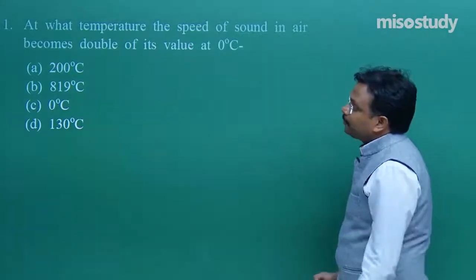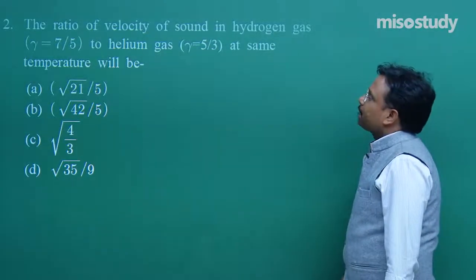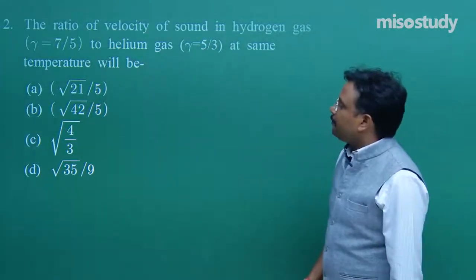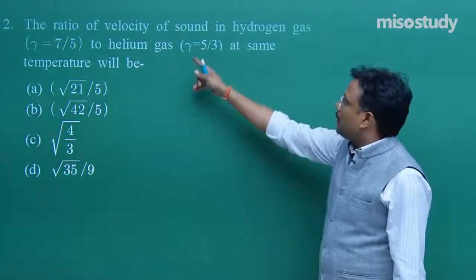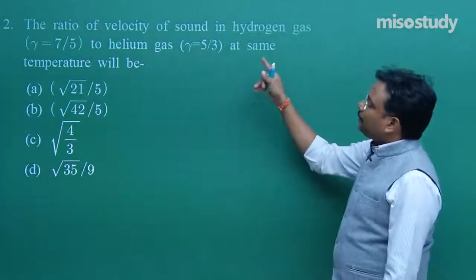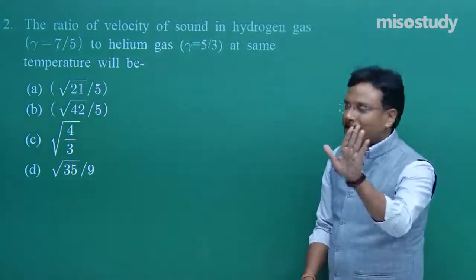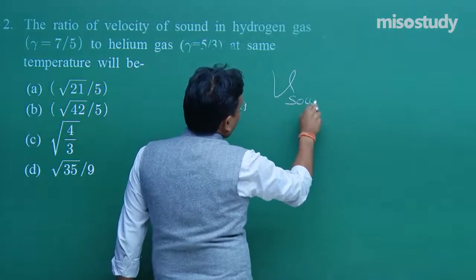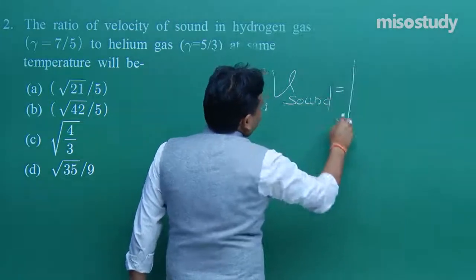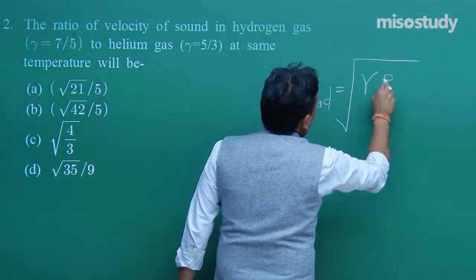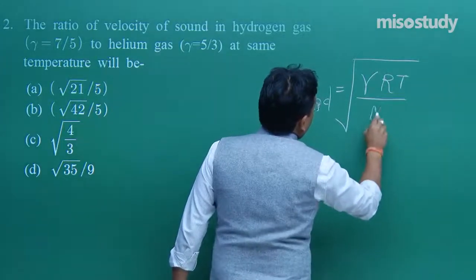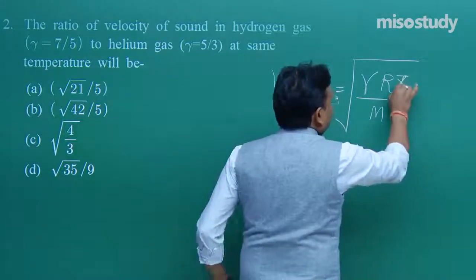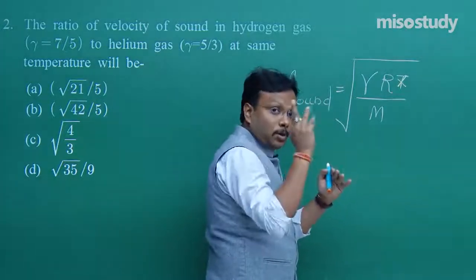What is that question? The ratio of velocity of sound in hydrogen gas, hydrogen gamma is equal to 7 by 5, to helium gas gamma is equal to 5 by 3 at same temperature. Fine. So let's take a look. V sound is root of gamma RT by M. Now in this question it is given temperature is same, so this term is going to cancel in the two relations.